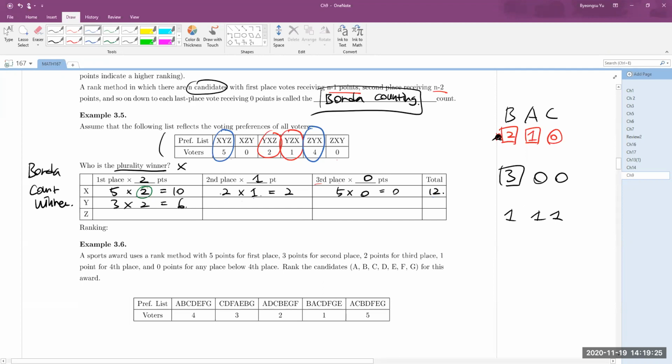So you multiply 9 by 1 point, and Y got 9 points from the second place. For the last place, the preference lists XGY and GXY think that Y is the worst choice, but no one votes for those lists, so it is just 0. Adding 6 and 9, you get 15, right?